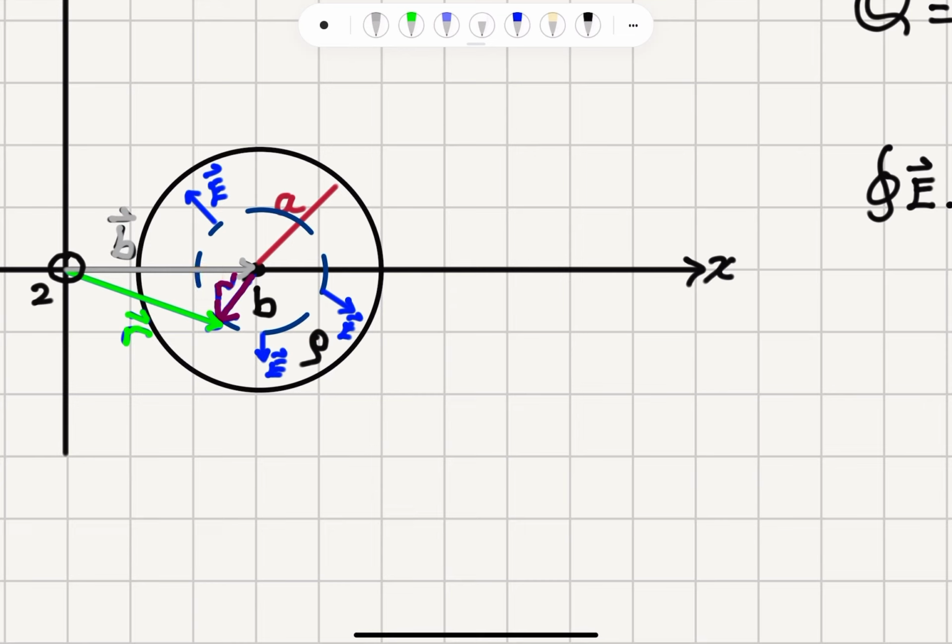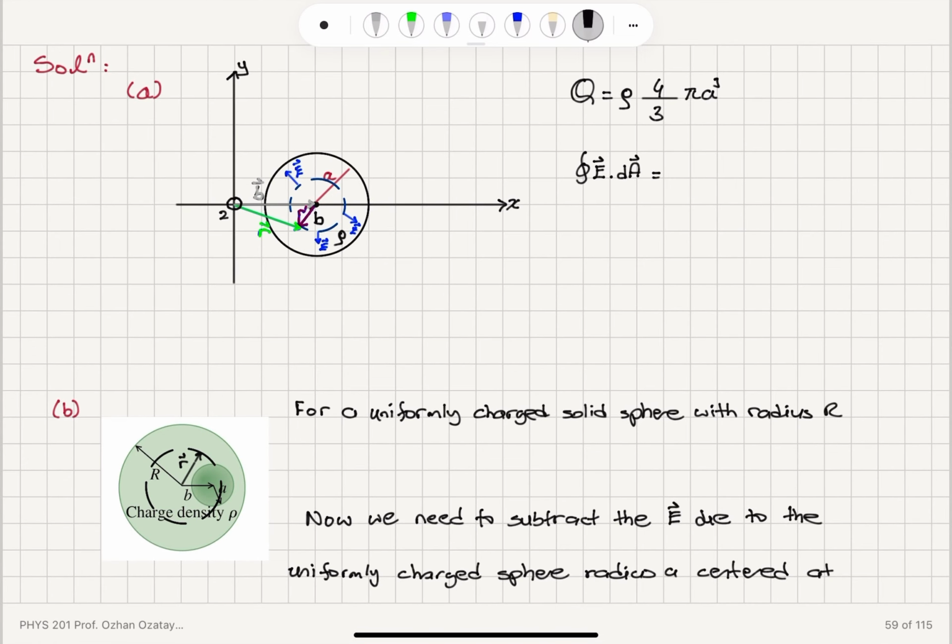The field magnitude is the same at all points and the area vector points radially outward, so E dot A gives E times A, because the angle between them is zero. So it is E times the area, which is 4 pi r prime squared.